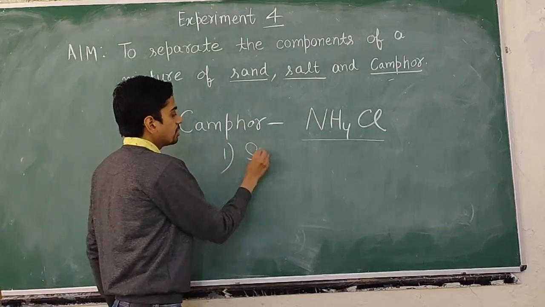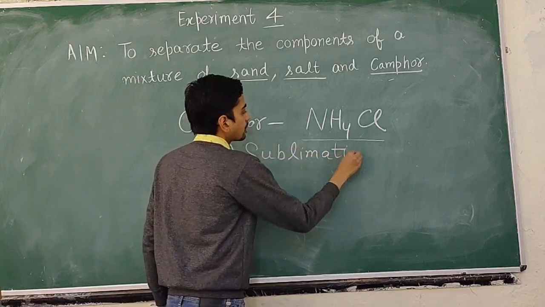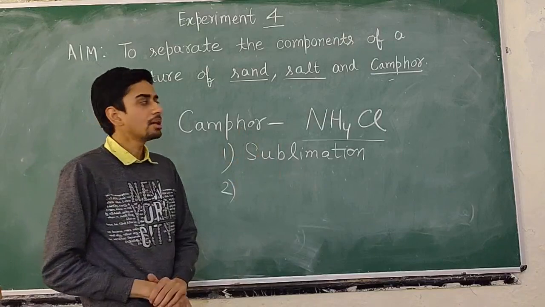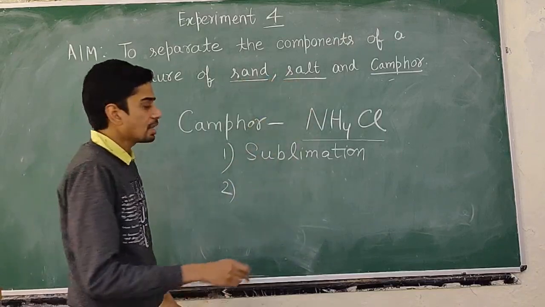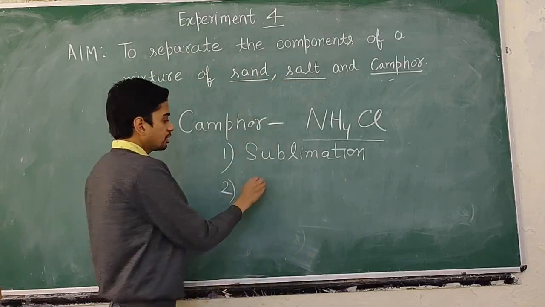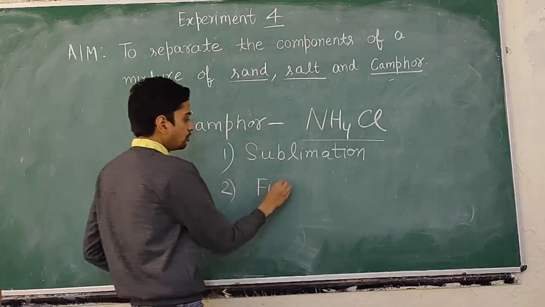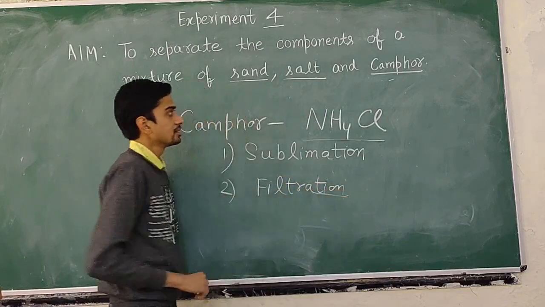First, sublimation to separate camphor. After camphor is separated out, we are left with sand and salt. Sand we separate by dissolving and filtration: we dissolve in water first and then filter the sand.